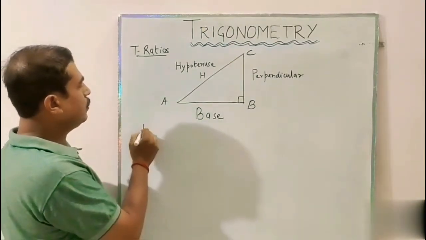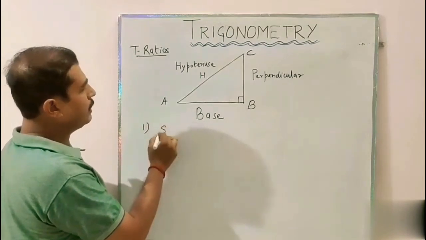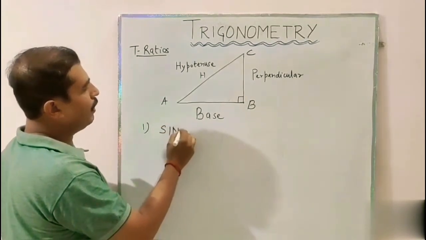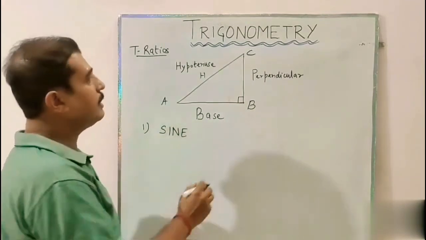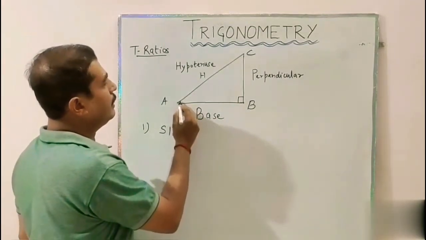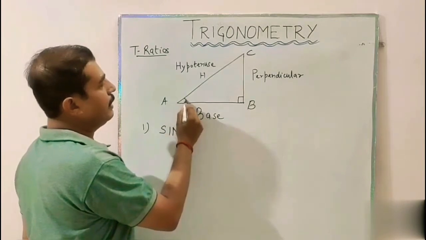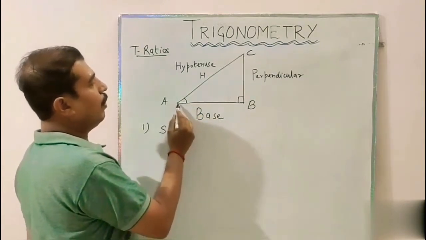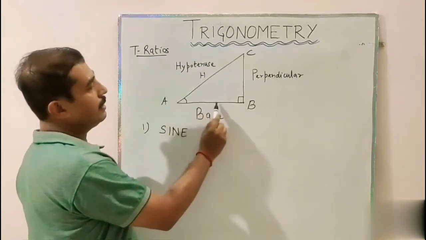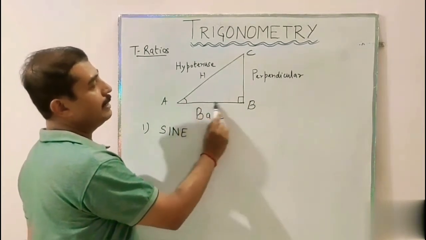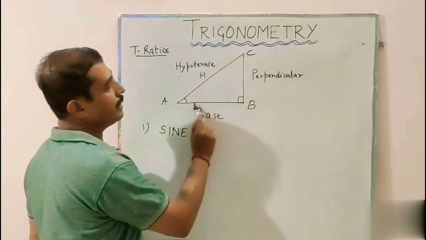The very first ratio that we talk about is sine of a given angle. Sine, we pronounce it as sine. And this is angle A. We call this the angle along with the adjacent side. This is the adjacent side.